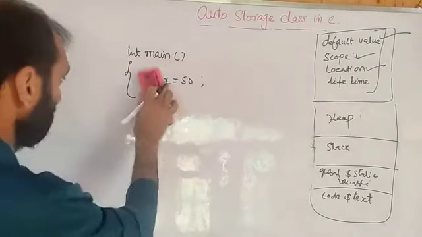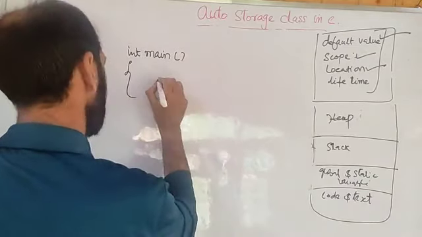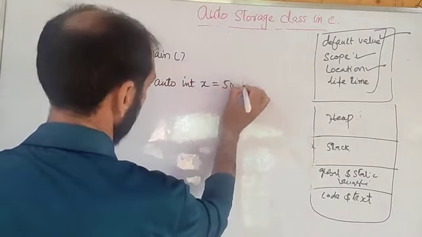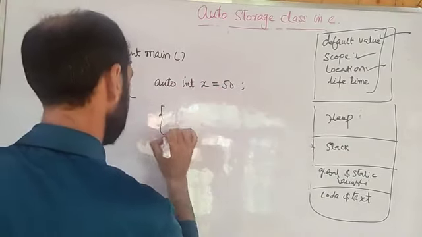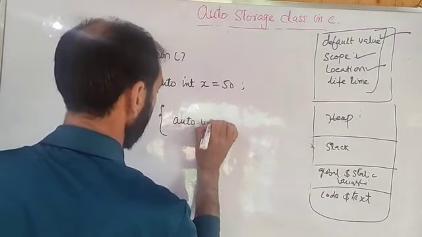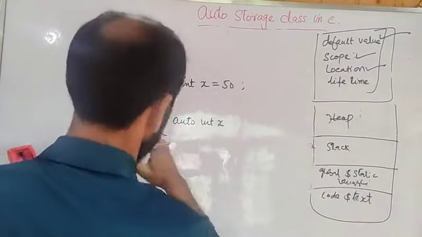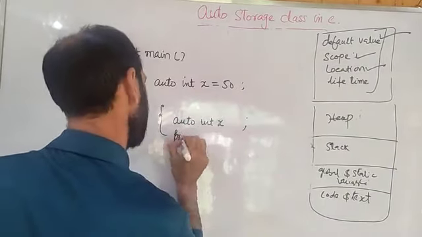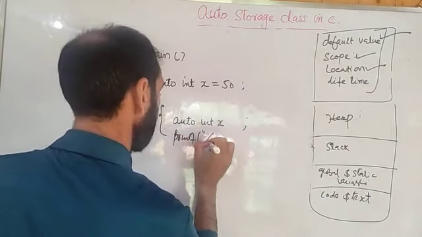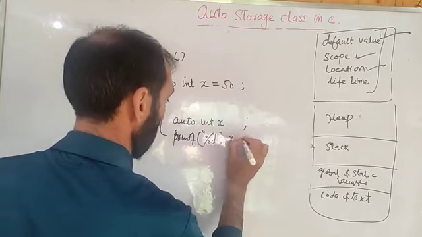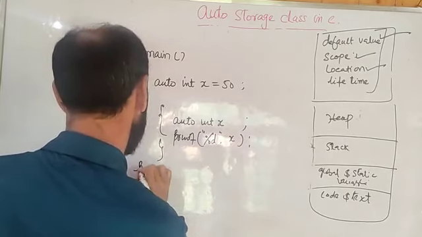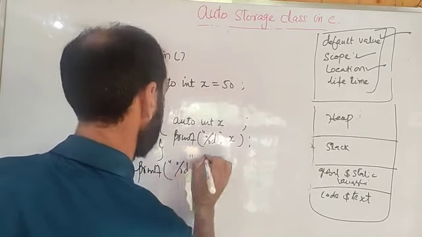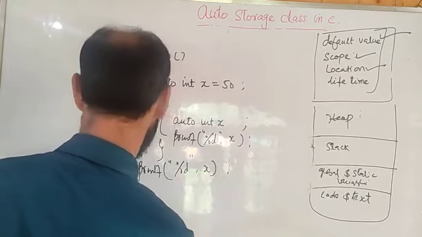Then auto int x, printf percentage d, x. Here printf percentage d and x, and that is it.